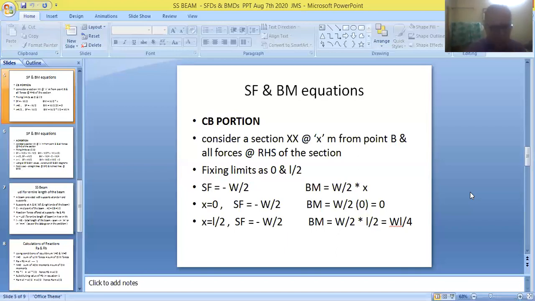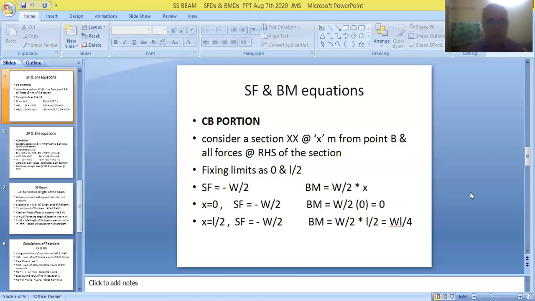And again, secondly, take the value of x as L by 2 and put it in these equations. So it is obtained again, it is independent of x, it is obtained as minus W by 2. And here you should take the value of L by 2 and put it in the equation. This is obtained as WL by 4.